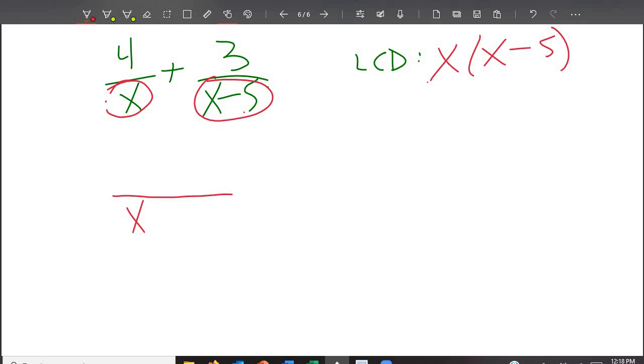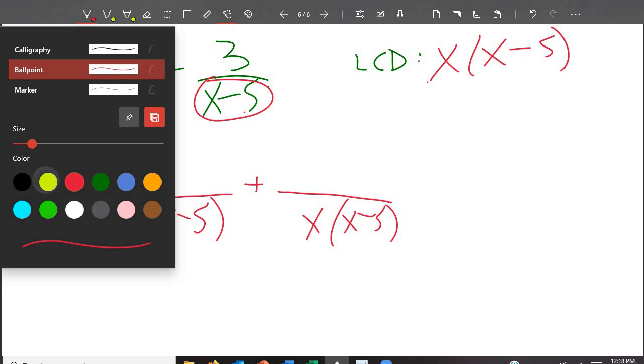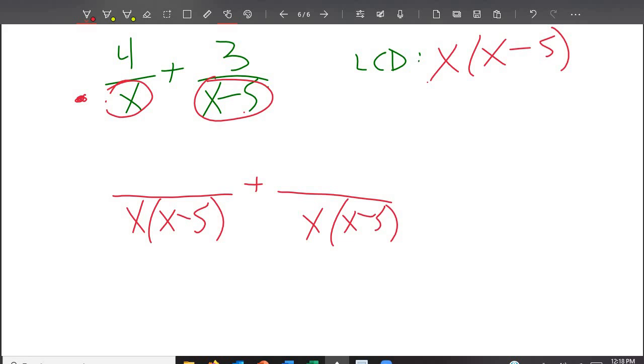So we have to make them match with the common denominator. Now that's going to require me to multiply these by something. Here's where the highlighting comes in. This was the original.